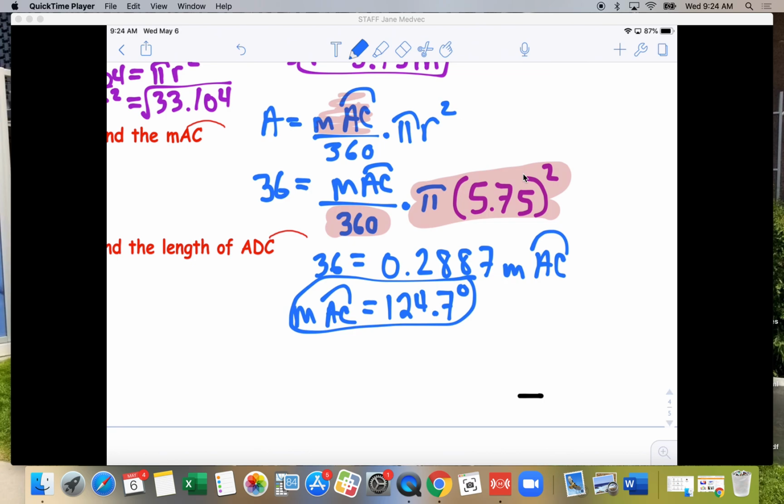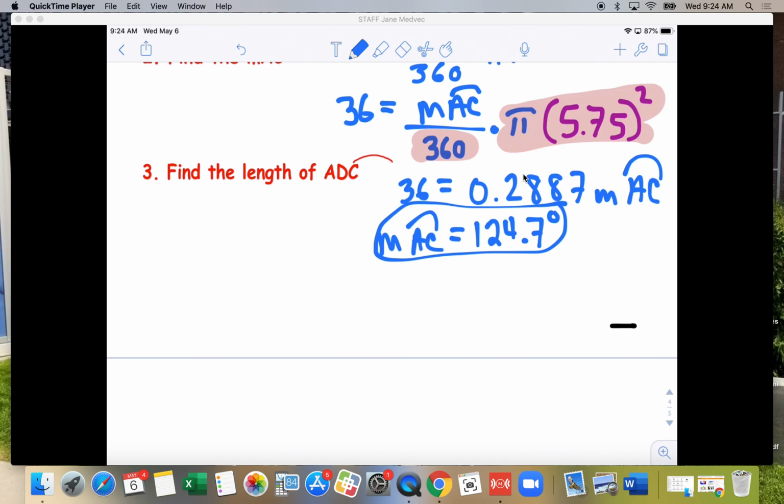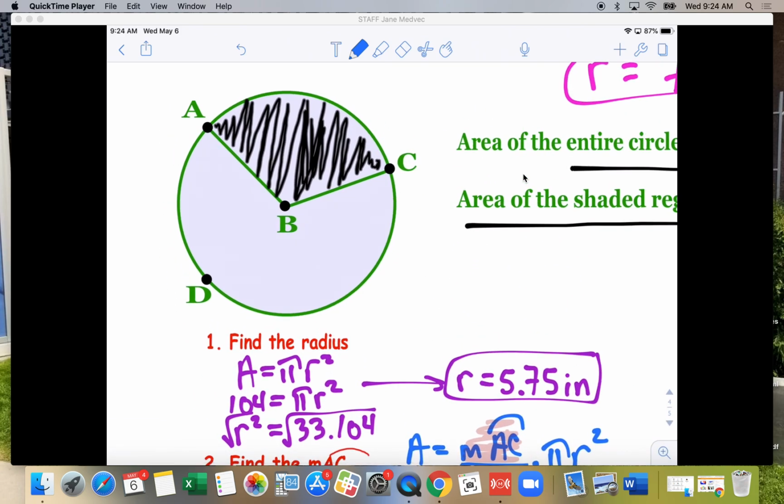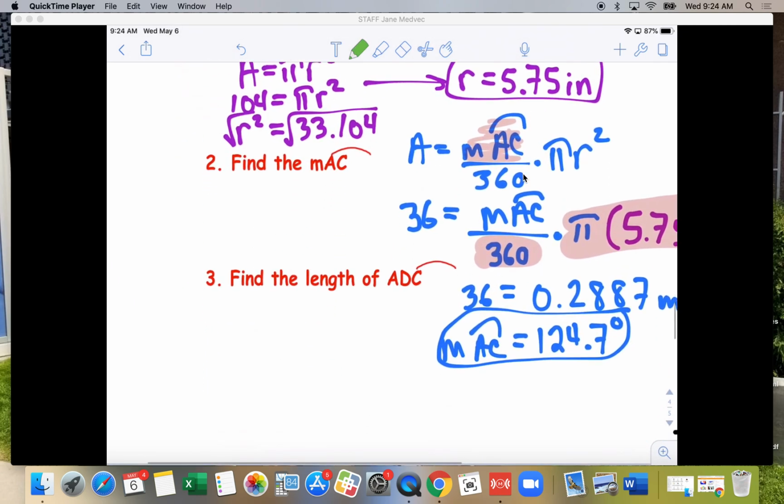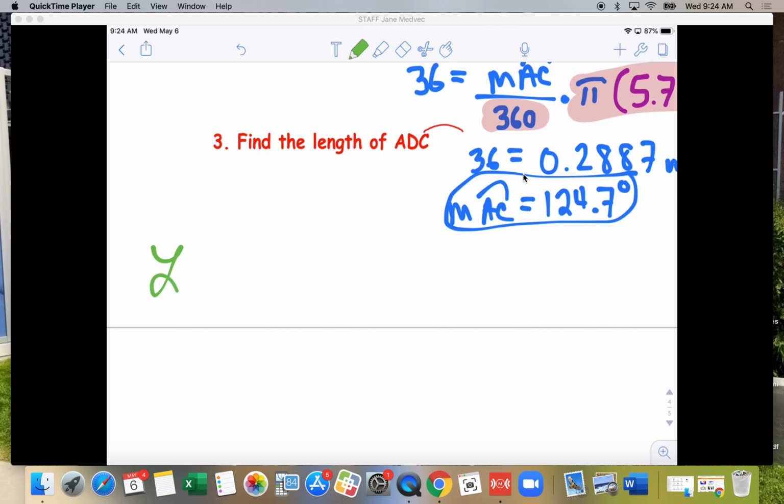Okay, and then finally, it wants me to find the length of arc ADC. So what you're trying to find on this circle is this arc right here, the length of that. So we have to take a look at a different formula. The length equals the measure of arc ADC over 360, and I'm going to use 2 pi r.